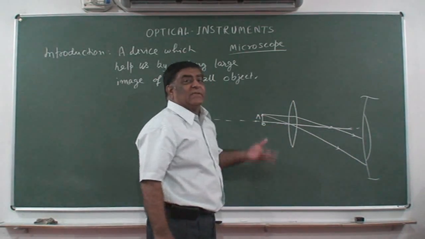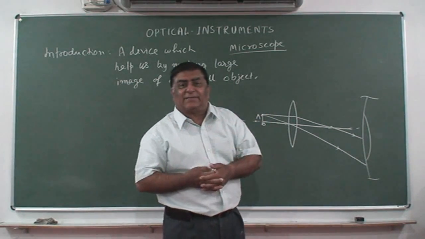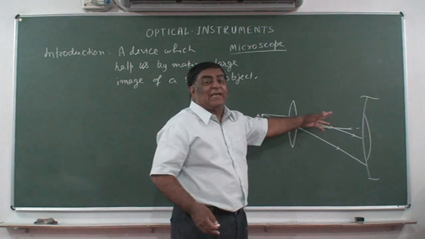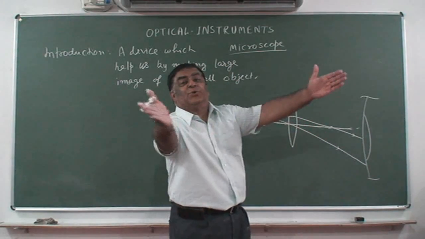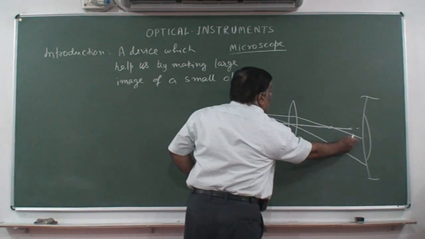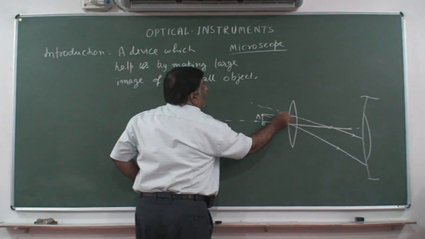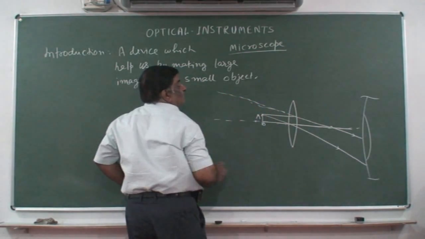If these are the two rays, where do we see the image? The answer is where they intersect. But these do not intersect anywhere because they are diverging. Then where do we see the object? The eye observes that A is somewhere here.